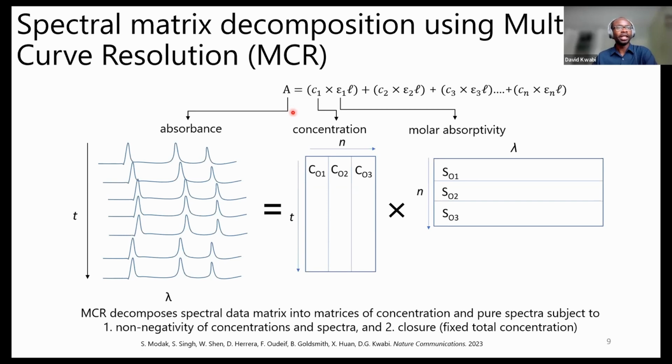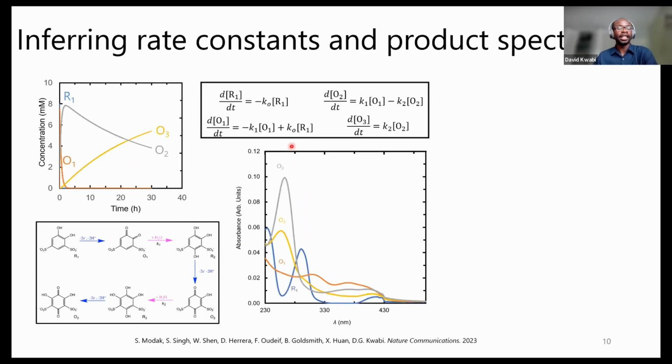And the takeaway here is that by decomposing the absorbance matrix, which is what we get from our experiment, into these two submatrices, we can get kinetic data because we're able to access concentration as a function of time for all of these species. So we turned to an algorithm called multivariate curve resolution that helped us to decompose this absorbance matrix as I've just described, and we're able to then extract the kinetic data from this experiment.